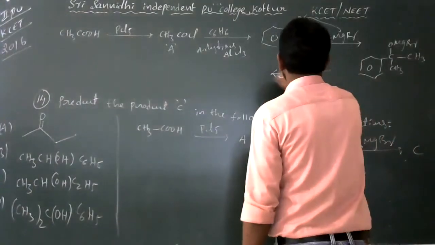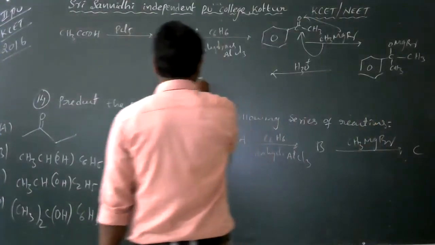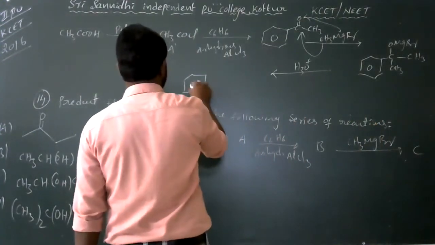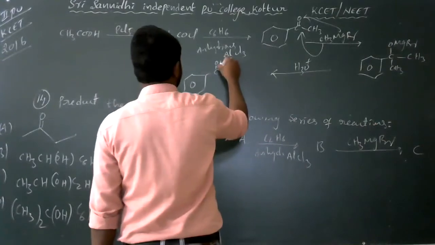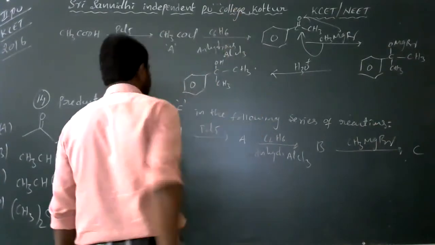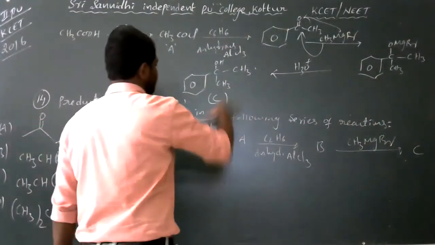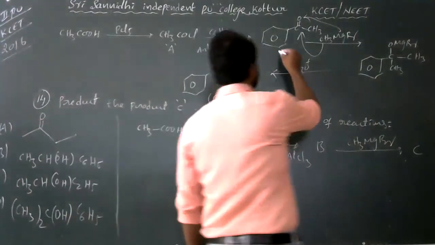Then hydrolysis with H3O+ gives the product COH, CH3, and then CH3. That is the product C here.